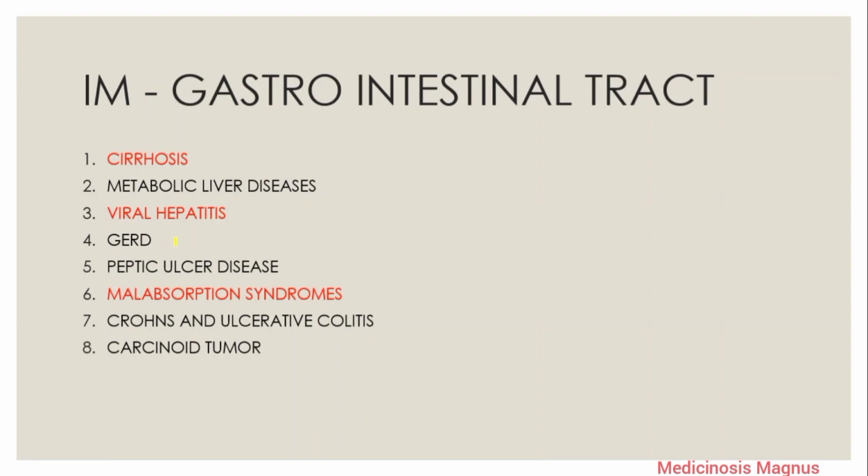Then you also have to read about GERD, peptic ulcer disease, and mainly the malabsorption syndromes, the celiac sprue, tropical sprue, those things. Then Crohn's and ulcerative colitis, then the carcinoid tumor. When you read the carcinoid tumor, read a little bit about biochemistry as well.